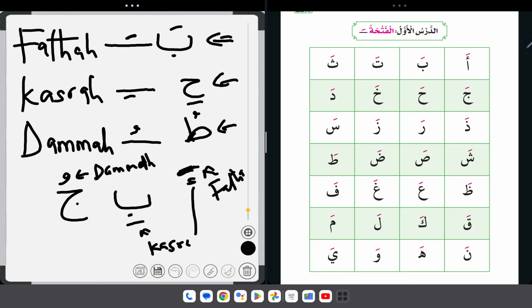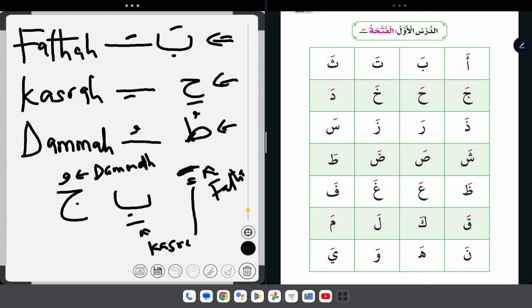So the next thing we want to do now is, what sound does Fatha bring to a letter when it is attached to a letter? Here in the page we have here, we can see that all of these letters are carrying what? Kasra, Dhamma, or Fatha. They are carrying Fatha because this is the sign of Fatha written on top of a letter.